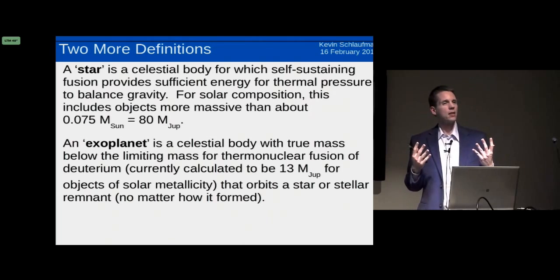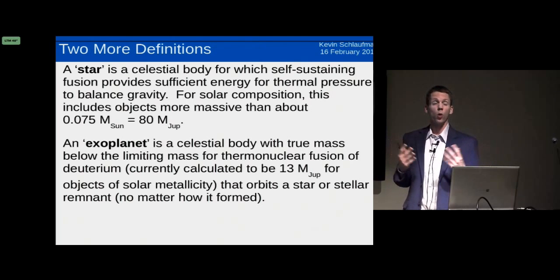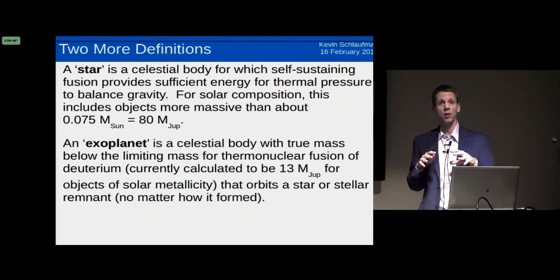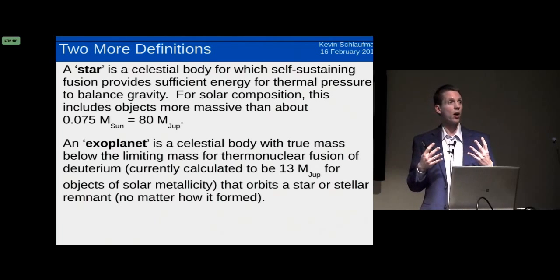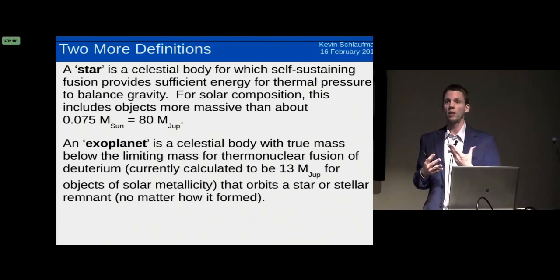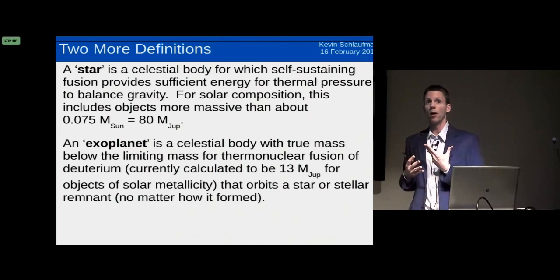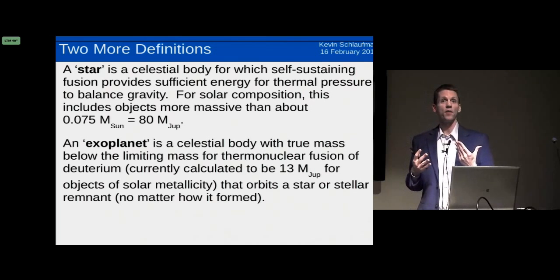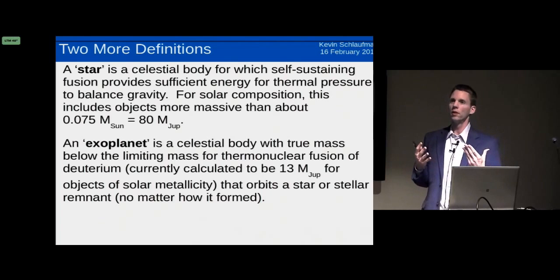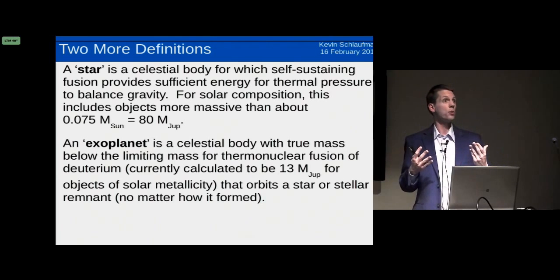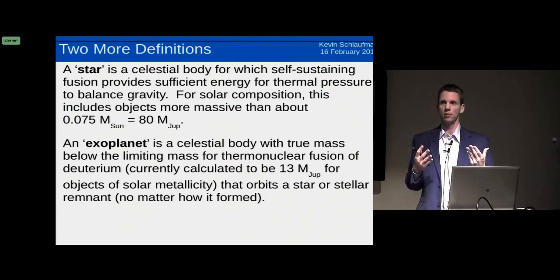The problem is people despair because it's in general quite difficult to determine, based on the properties of the object, how it formed, especially if that object is very old. And in fact, most of the objects which have been discovered are billions of years old. And after billions of years, most of the evidence that would have given you some insight into that object's formation has disappeared.